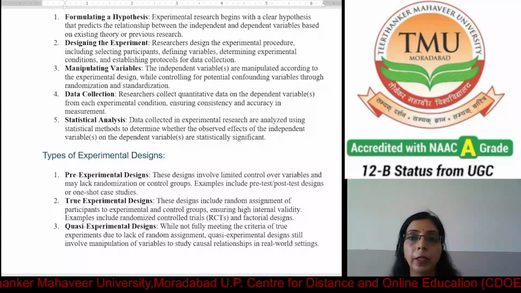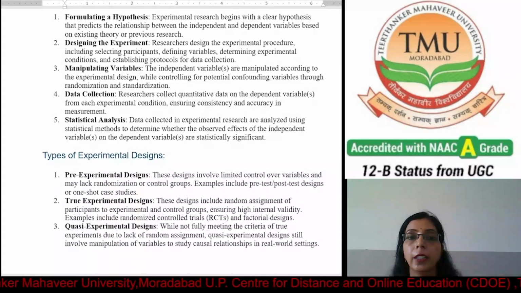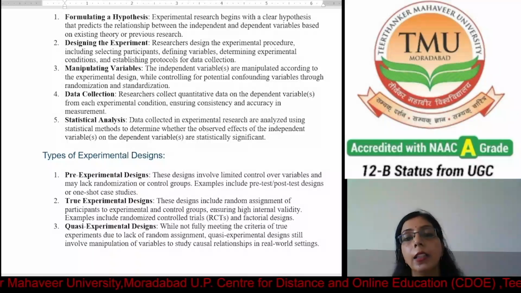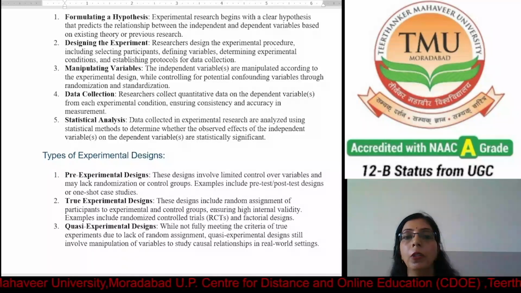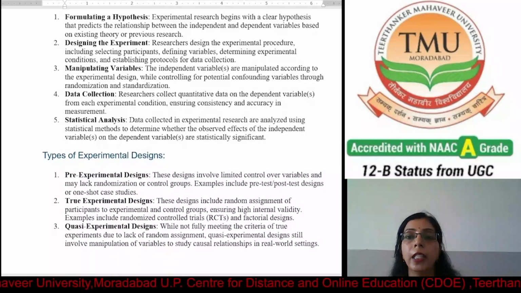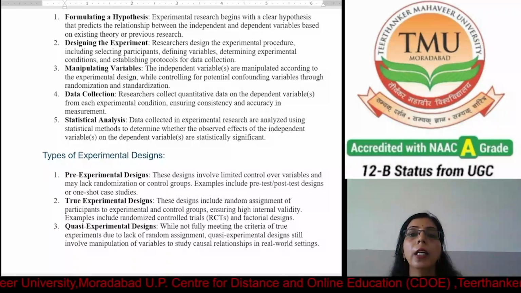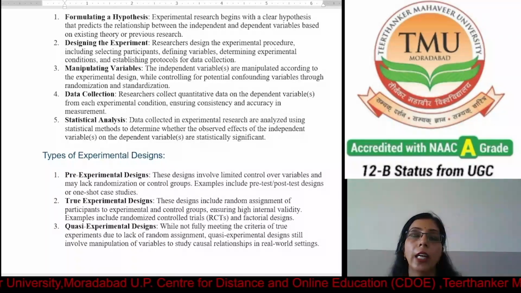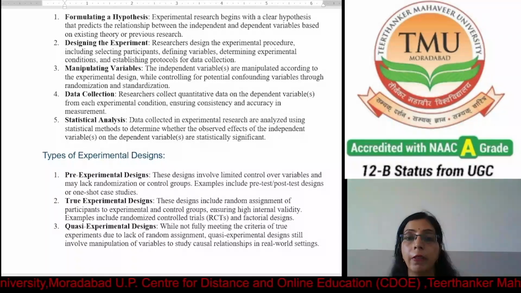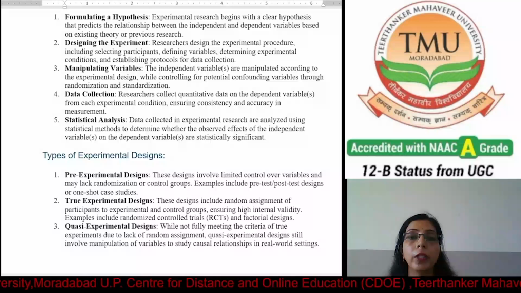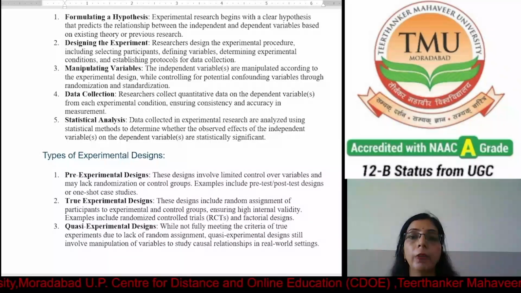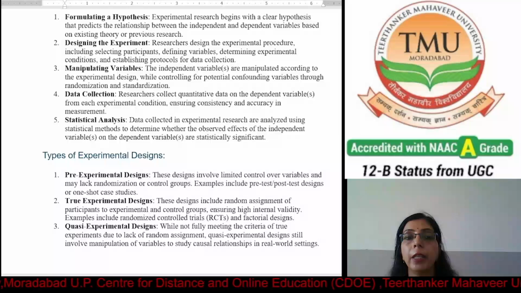So, with the same example, we may observe that the researcher has undertaken a study with the objective of comparing the self-instructional method with the conventional method for teaching science at 10th grade level. In pursuance of this objective, two equated groups are formed by randomly assigning subjects to the groups.